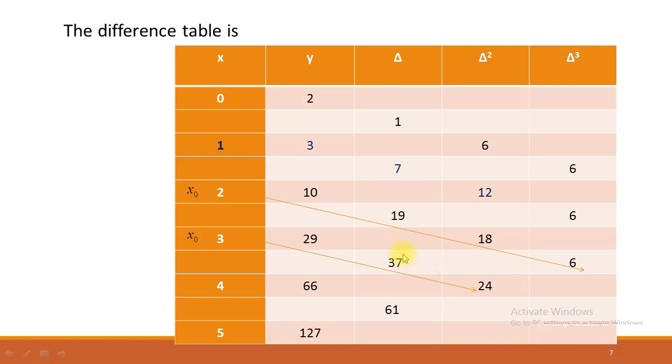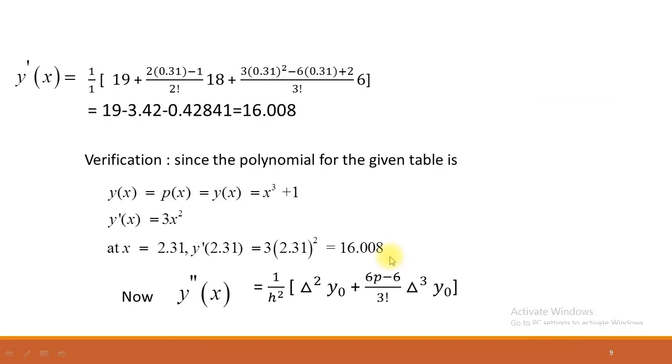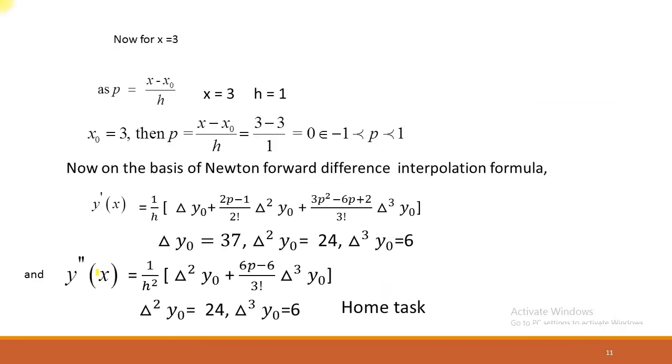So we need only the values of delta, delta square and delta cube: delta is 37, delta square is 24, and delta cube is 6 corresponding to y naught.